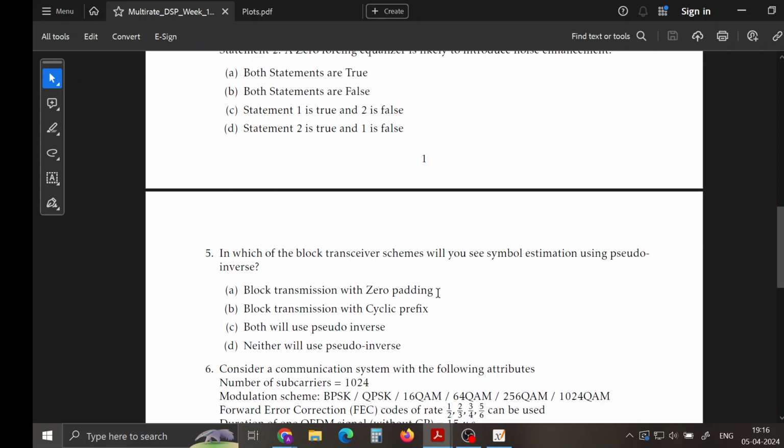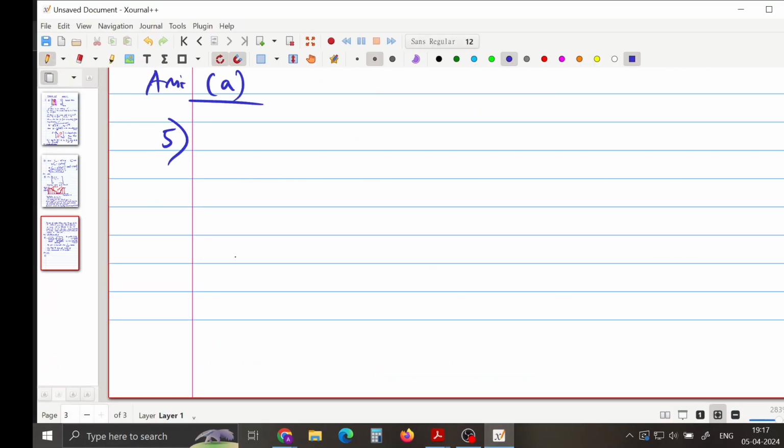We straightforwardly take the inverse, C circulant inverse. That's the case for cyclic prefix, but the pseudo inverse is valid in the case of zero padding. That's what we have seen. So zero padding is the scenario where we do this.